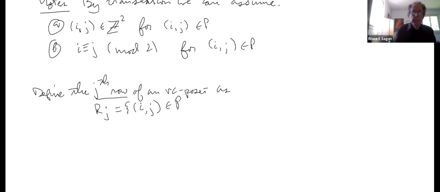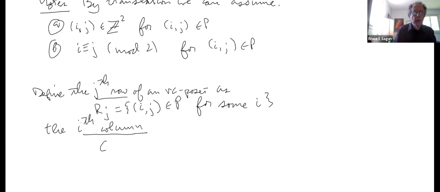So i can vary, j is fixed. And similarly, the ith column, C_i, is going to be all the things where now the first index is fixed and j can vary.